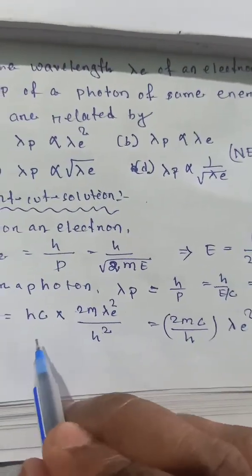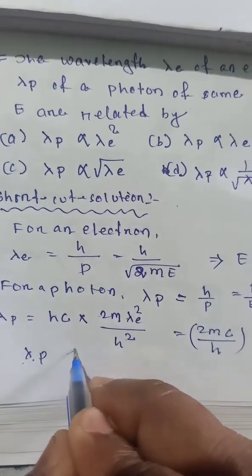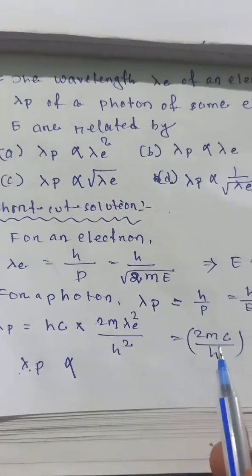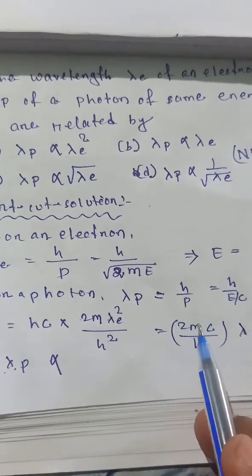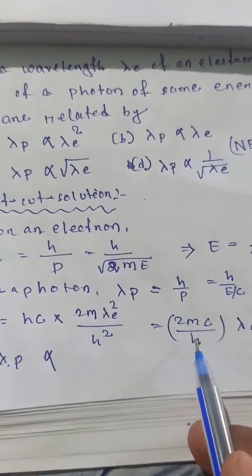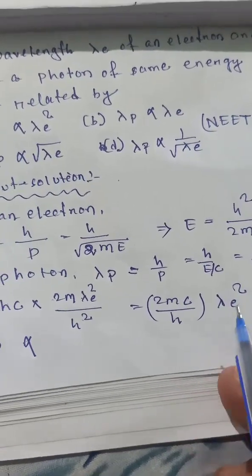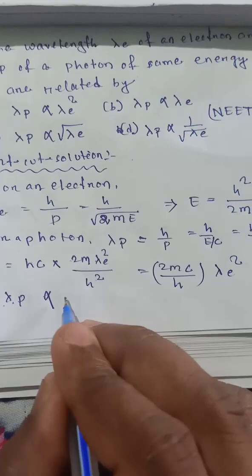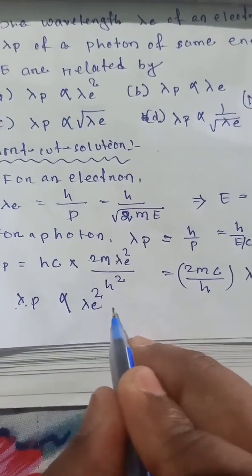In this relation, lambda_p, the wavelength of the photon, is directly proportional to lambda_e squared, since 2m, the mass, remains constant, c is constant, and the Planck constant is also constant. Only the wavelength is the variable. That means the wavelength of a photon is directly proportional to the square of the wavelength of an electron.